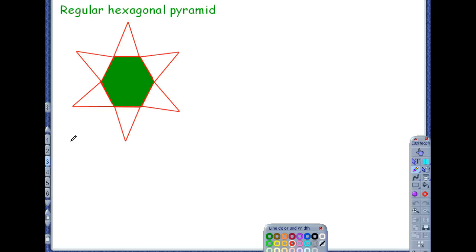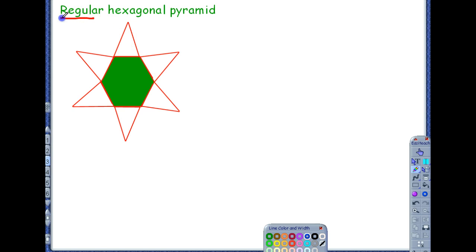So let's say, and this is just a special case, we have a regular hexagonal pyramid. Why do I call this a regular hexagonal pyramid? Well, because the base is a hexagon. And why did I say regular? Because the base is regular. Guys, if I didn't tell you it was regular, this formula we're about to explore won't work. And because it's regular, all those lateral faces are congruent.